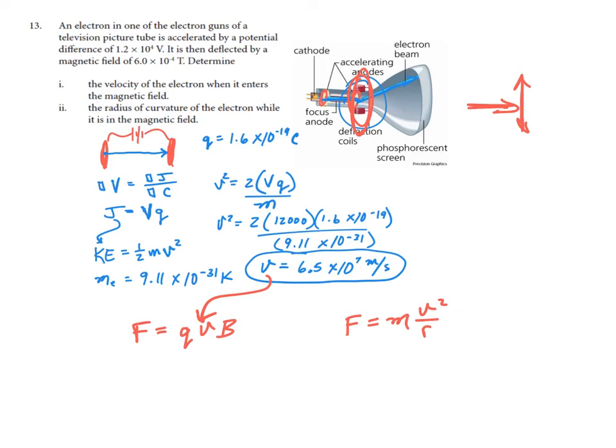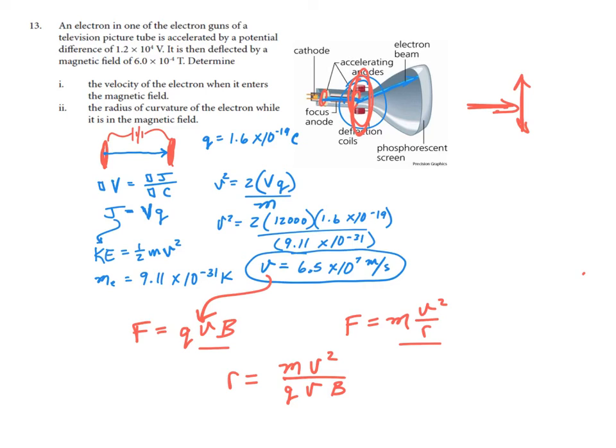And again, we need the mass of the electron here, and we want to solve this for r. These two forces are going to equal each other, so QVB equals m times v squared over r. We want to solve for r. So r is going to be m v squared divided by q v b.